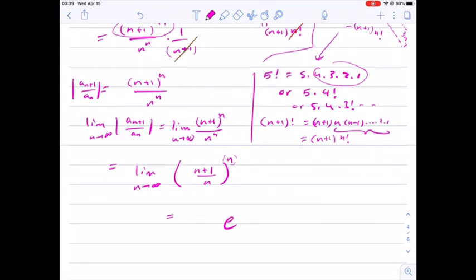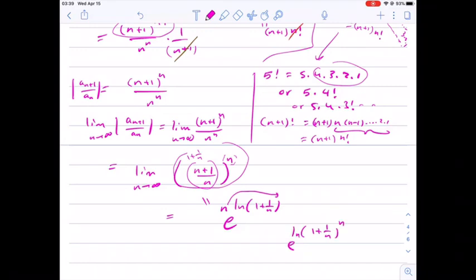So we write it this way: e to the power n ln of 1 plus 1 over n. Those two forms are equivalent, because if you want to rewrite it this way, you can bring the power here.